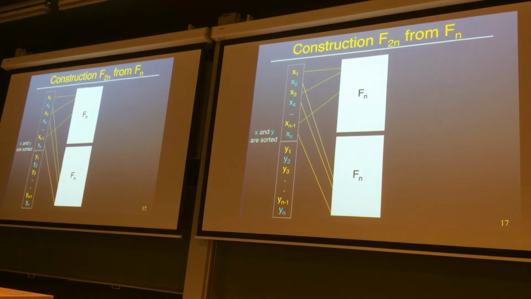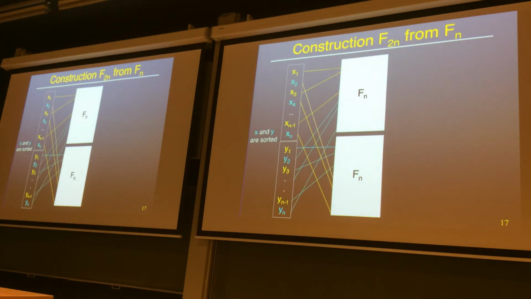And now I distribute my inputs over these two networks. So the odd inputs are given as input to the first Fn: x1, x3, up to xn minus 1 are fed to the first Fn, and the even inputs x2, x4 up to xn are fed to the second merging network.